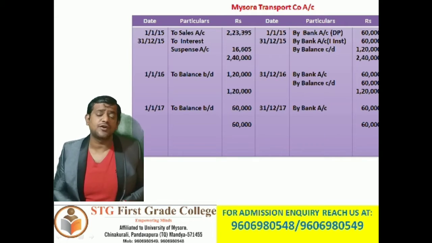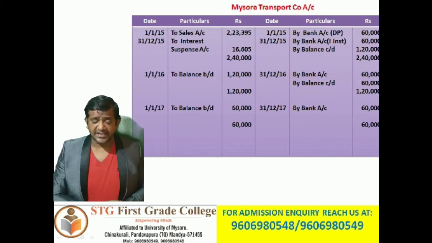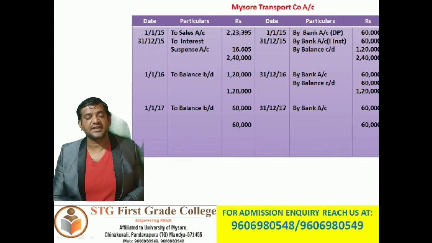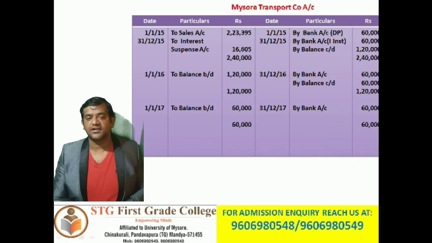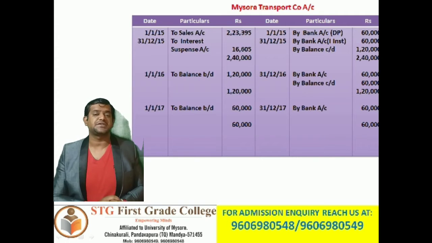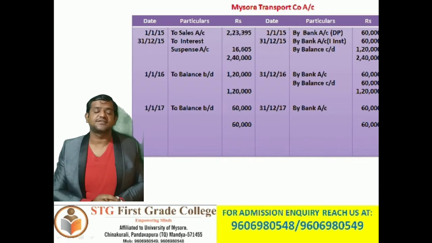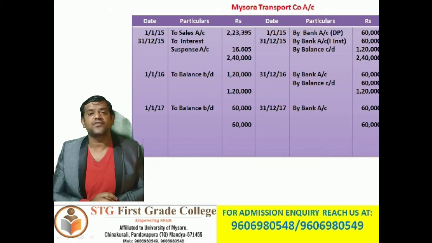On 1/1/2015, to sales account, which is the cash price of the motor van, 2,23,395 rupees. At the same time, 31/12/2015, to interest suspense account, the interest for 3 years, 16,605 rupees.